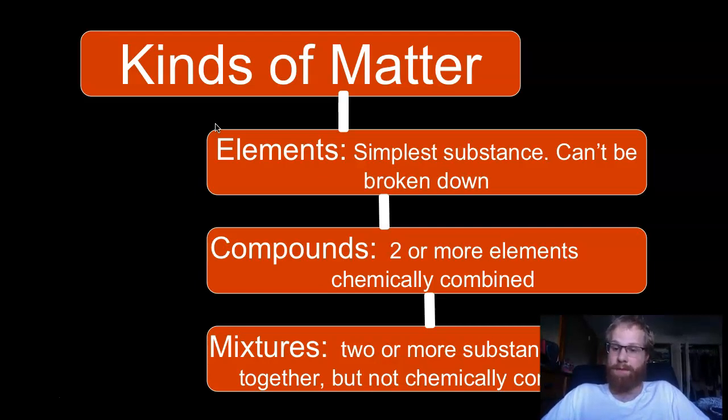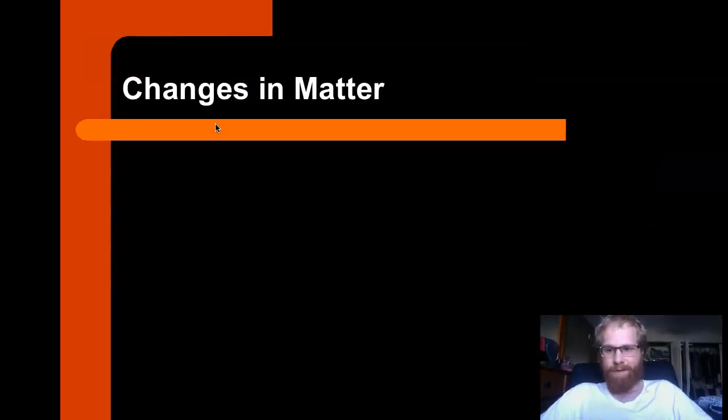Another great example of this would be sand. There are big rocks and there are small rocks, and they're all mixed together, but the rocks themselves are not chemically combined. The little sand fragments that make up the sand, the granules, the grains, they aren't chemically bound together. They're a mixture. Or Kool-Aid, it's sugar and water mixed together, but they're not chemically combined. Okay.